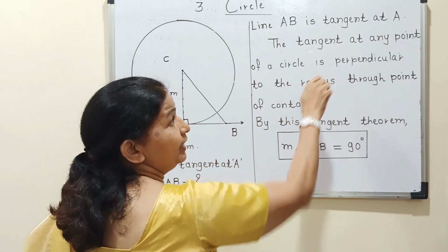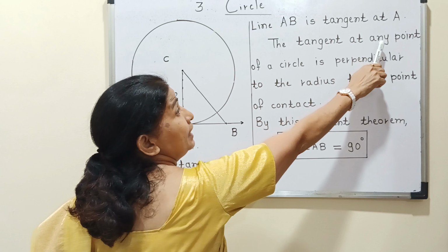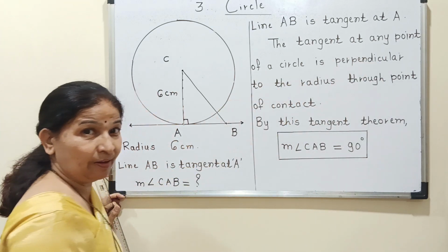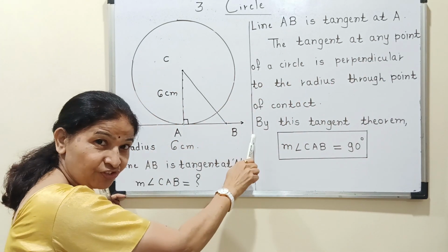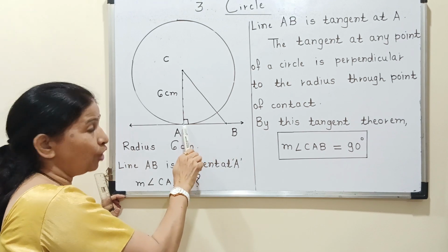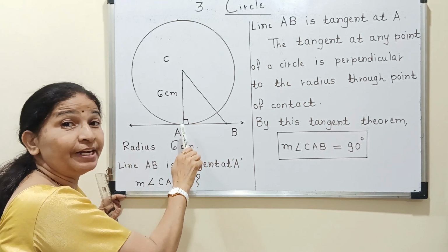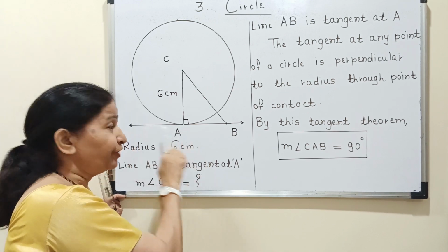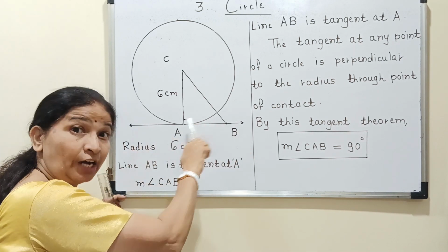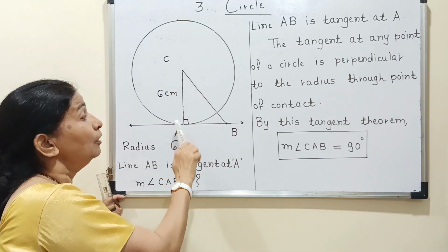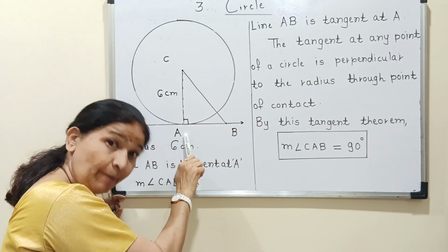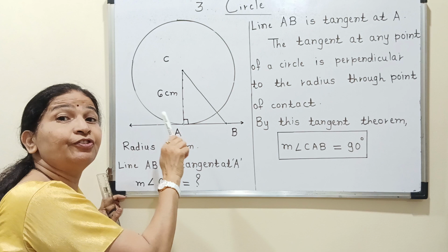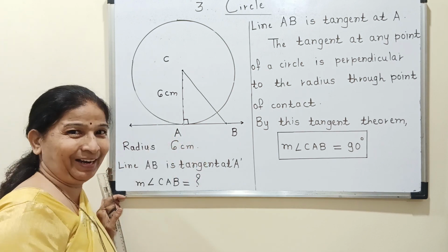The tangent at any point of a circle. So this is a tangent and it is drawn through this point A. It is a point of contact. That tangent is touching the circle through this point A. That's why A is the point of contact.